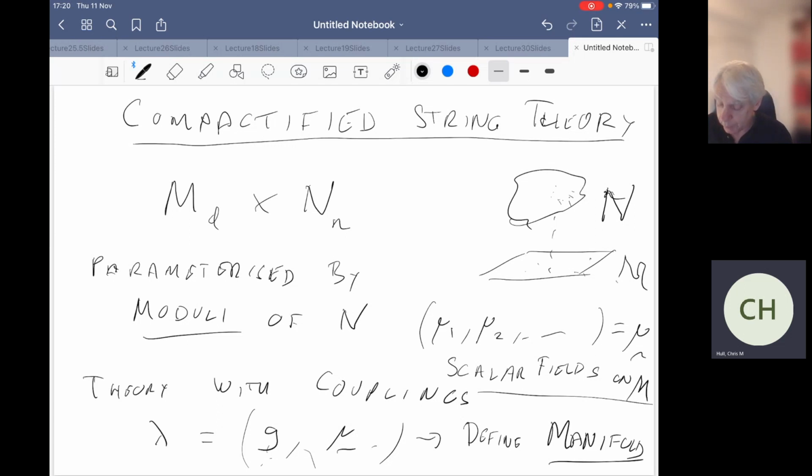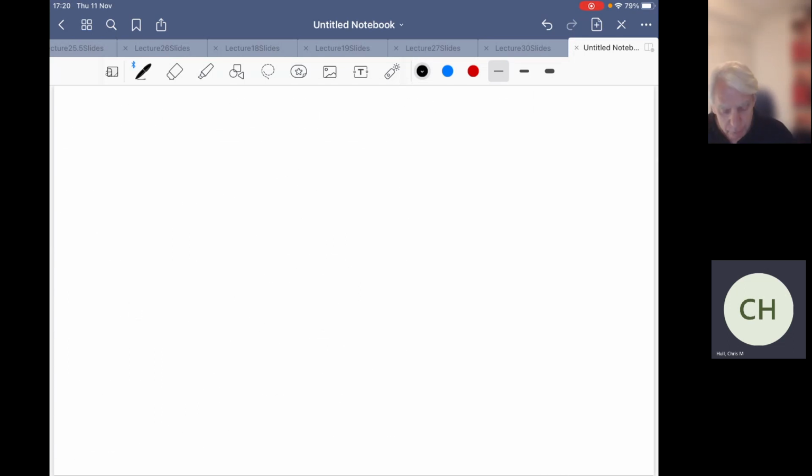And one can see that when you look at the dimensionally reduced theory, the scalar fields are governed by an action in which there's a natural metric, and that metric will tell you about the geometry of this manifold M. And in a lot of the cases we're going to be looking at, this manifold M is in fact a coset space, a quotient of two Lie groups.